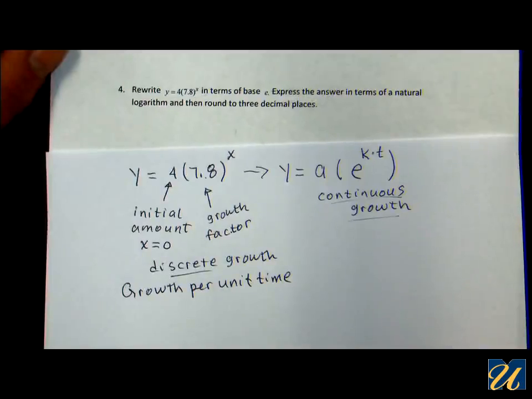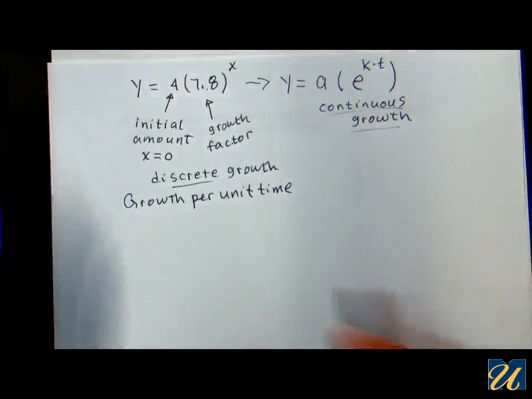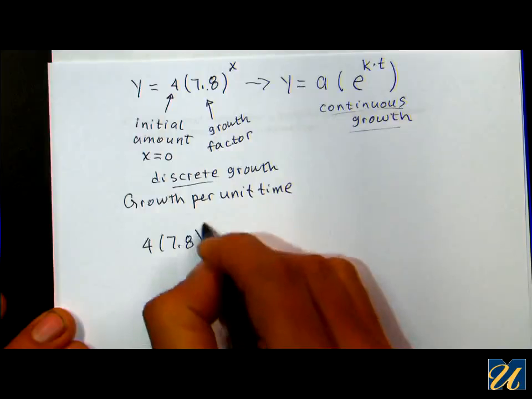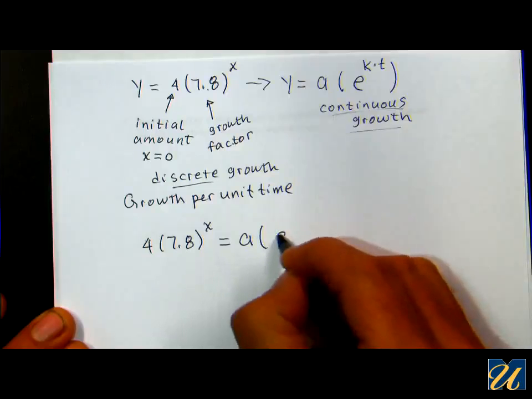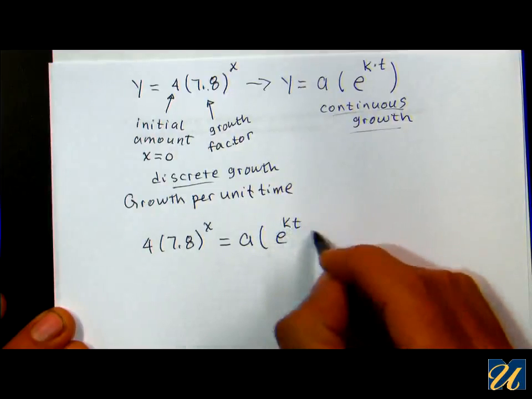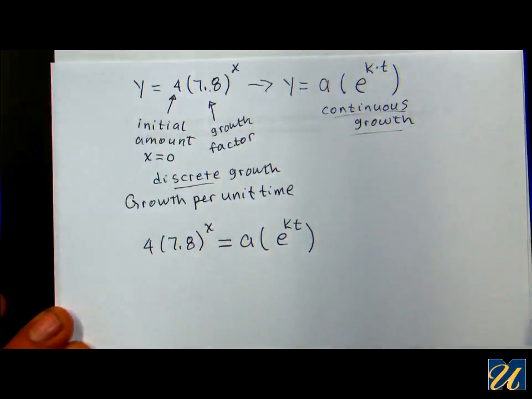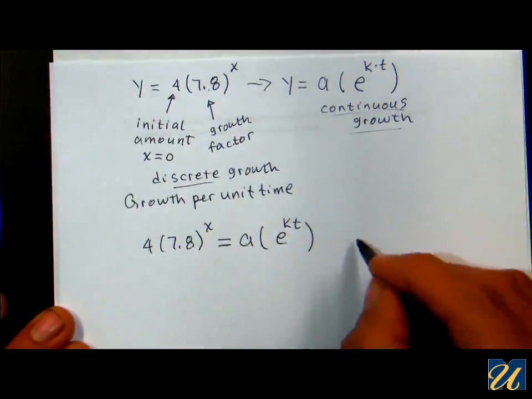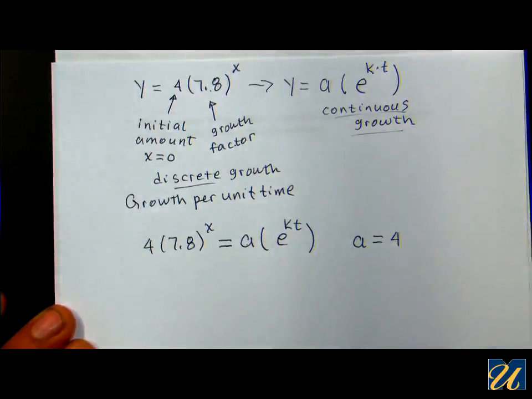Okay, how do we do it? What we're saying here is that we want 4 times 7.8 to the x to be equal to a times e to the kt. We want these two models to be exactly equal. In order for these models to be equal, the multiplier has to be the same. So a must be 4. We have no choice there.